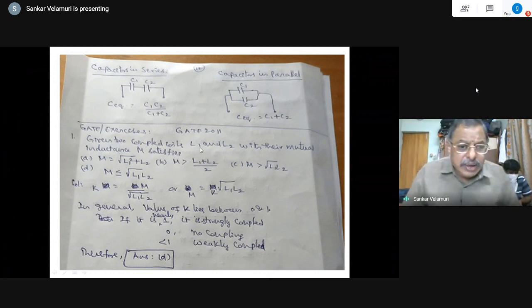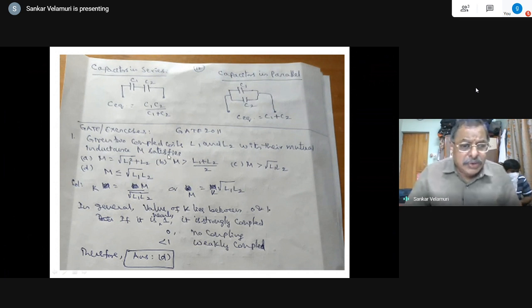Given 2 coupled coils L1 and L2 with their mutual inductance M, M satisfies: M is equal to square root of L1 square plus L2; M is greater than (L1 plus L2) by 2; M is greater than square root of L1 into L2; and M is less than or equal to L1 into L2. So I repeat the question.